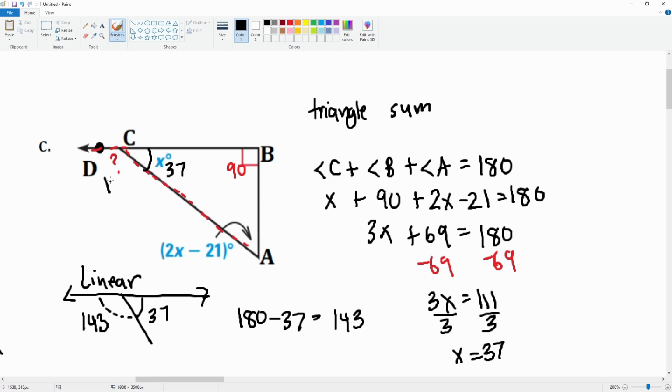So this piece here is 143. So you can say that angle DCA is equal to 143 degrees. So there you go. We had to use the triangle sum theorem to find the missing values inside the triangle. Then we used a linear pair relationship to get the exterior angle of angle DCA.